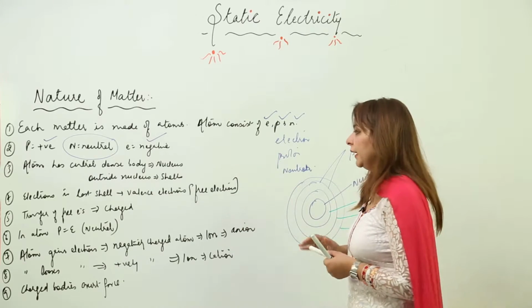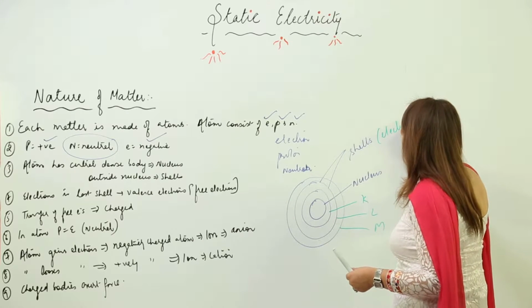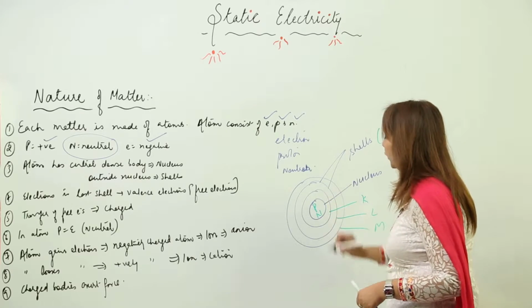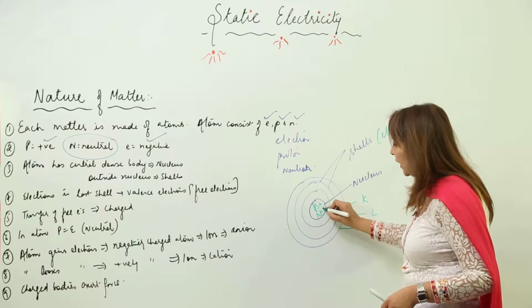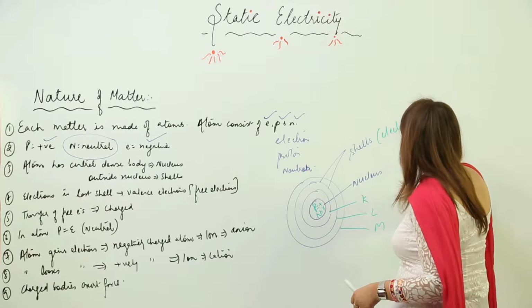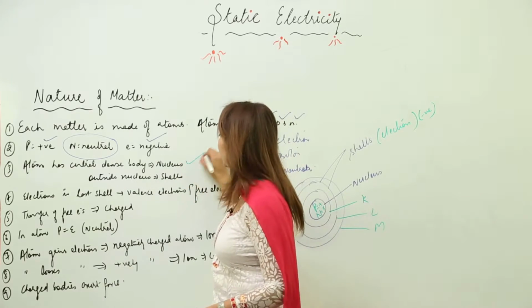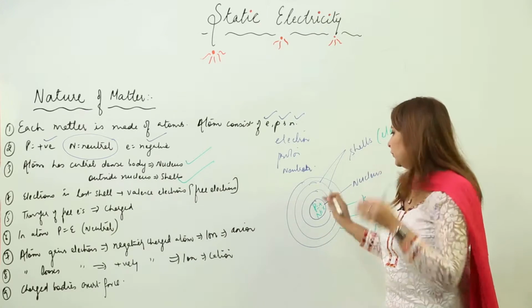These shells contain electrons, and in the nucleus proton and neutron are present. We know that proton has positive charge, neutron has no charge, and electron has negative charge. So an atom has a central dense body, the nucleus, and shells K, L, M and so on.